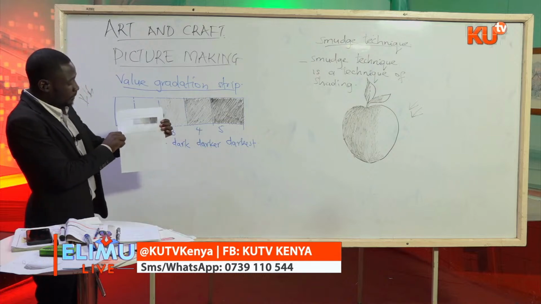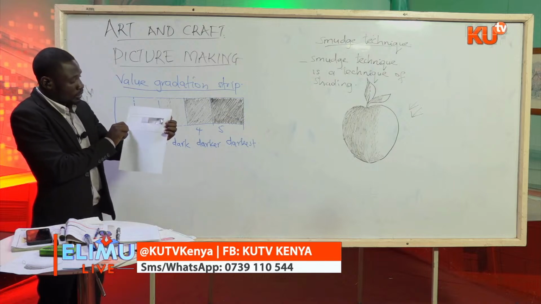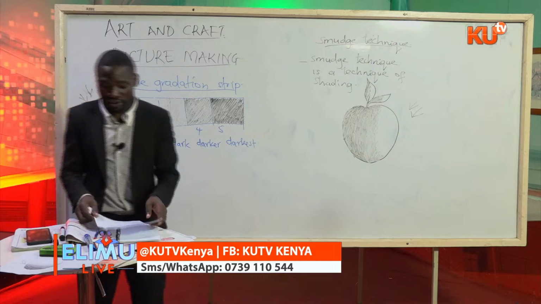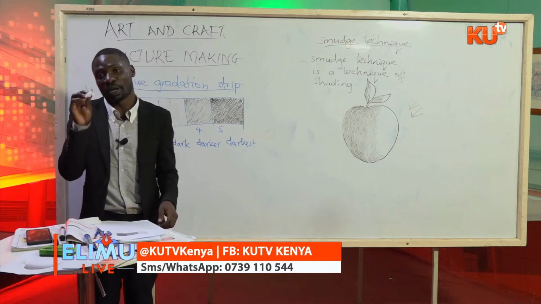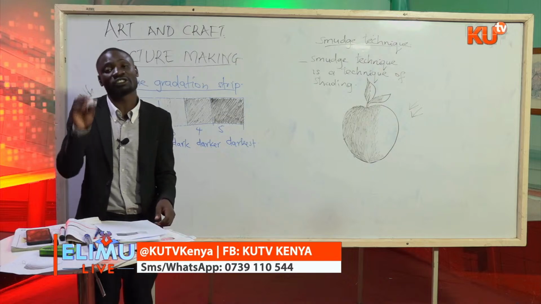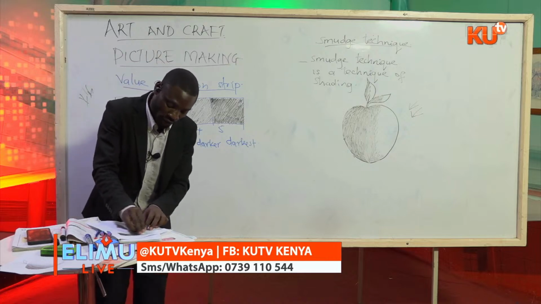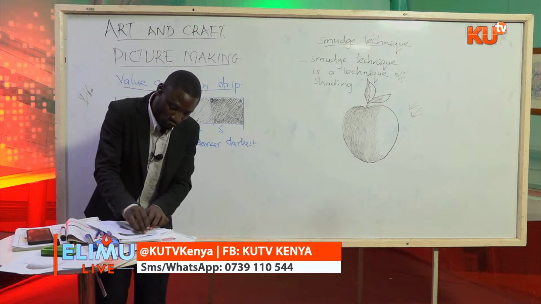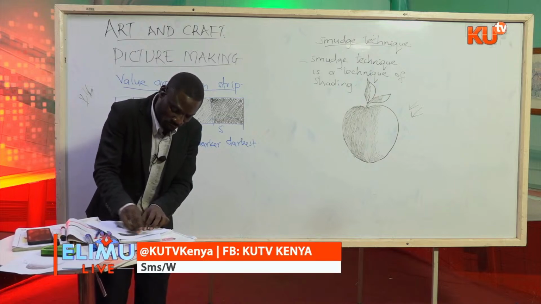So we are here, as you can see, and I said that we are going to use a piece of paper or a piece of cloth that is soft to spread our shading, so that the value or the shading is uniform.